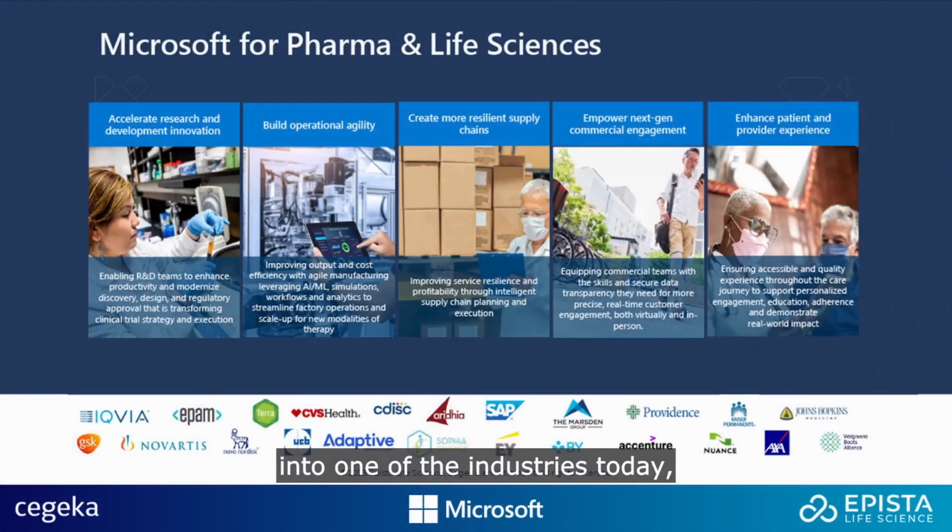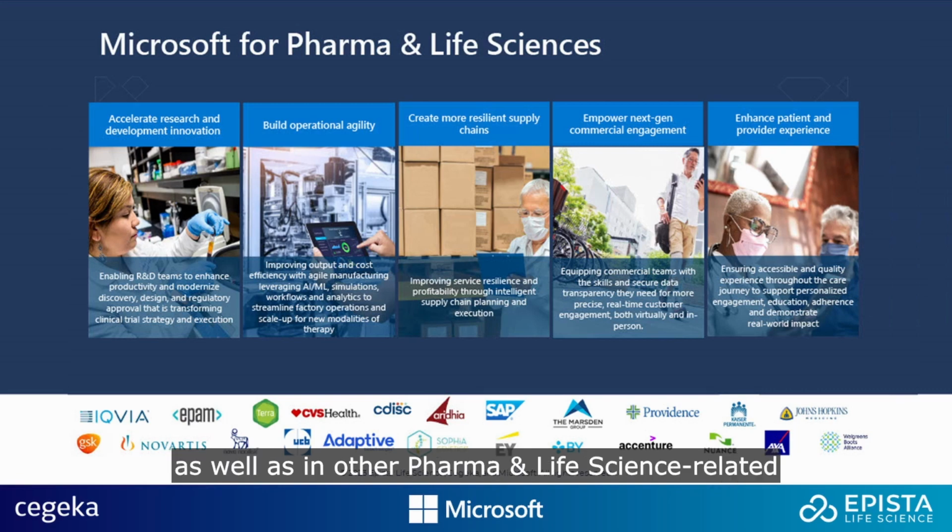When we zoom into one of the industries today, pharma and life science, we've established an industry strategy that is about collaboration and strategic partnerships across the entire value chain. In our mission to empower life science organizations to achieve more across the value chain, Microsoft is becoming the trusted platform in research and development, in commercial, in production, in the lab, as well as in other pharma and life science related industries such as payers, providers, medtech, and retail health.